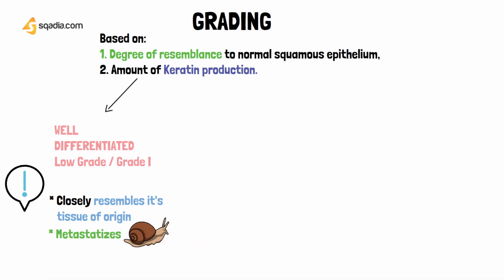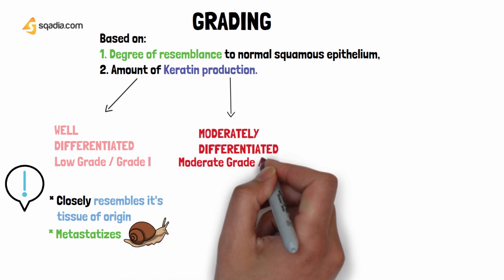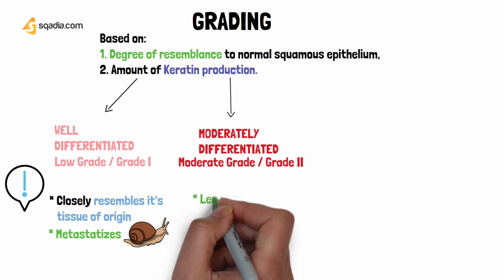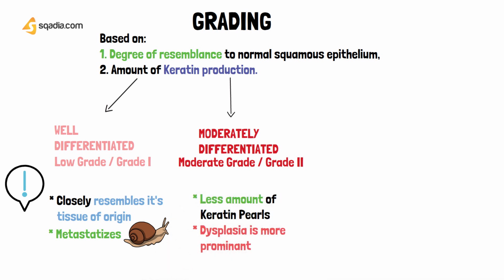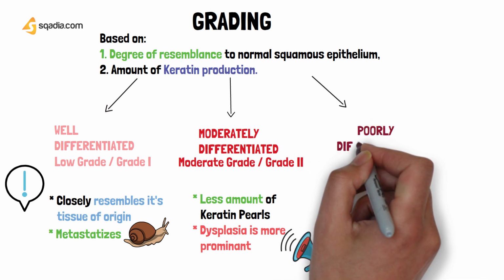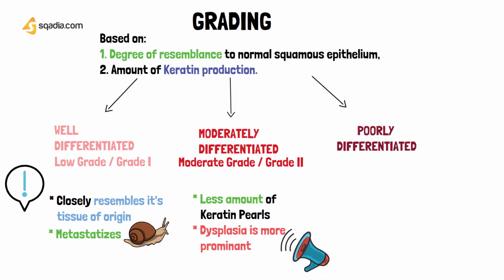The second type is the moderately differentiated or the grade 2 type of tumor. In this, there are going to be fewer keratin pearls and the dysplasia is going to be much more prominent as compared to grade 1. And the last one is the poorly differentiated, the grade 3 or high grade tumor.